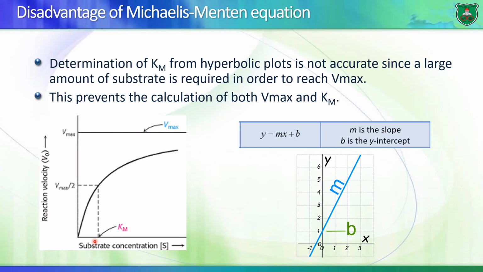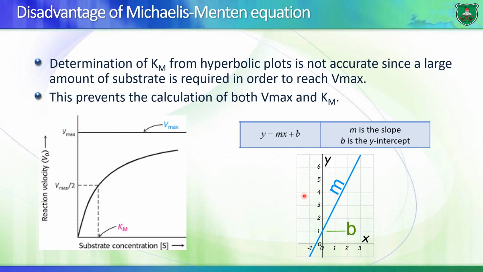because we need both. Now, the only way by which we can do this is if we convert the Michaelis-Menten equation into another one that gives us a linear plot that looks like this. Okay, and this is how the equation should look like.